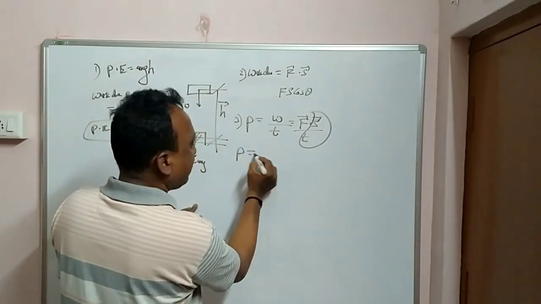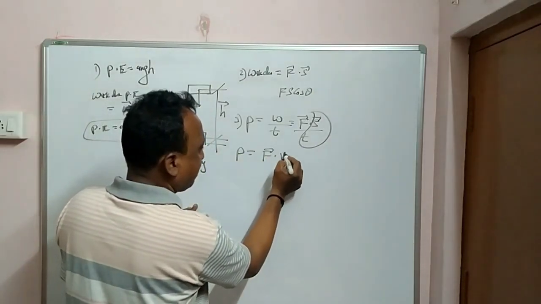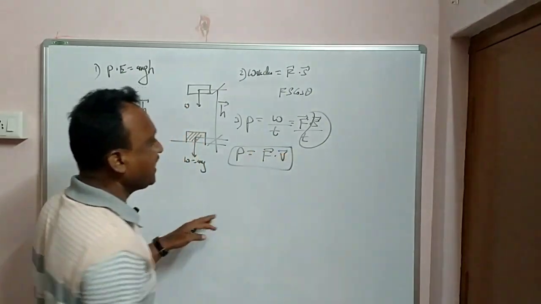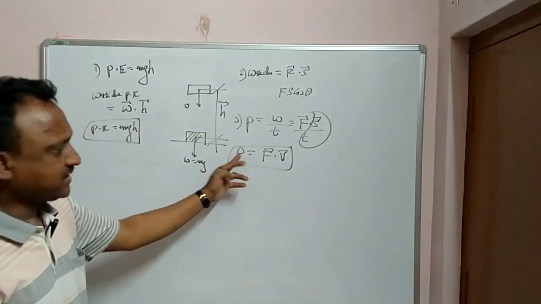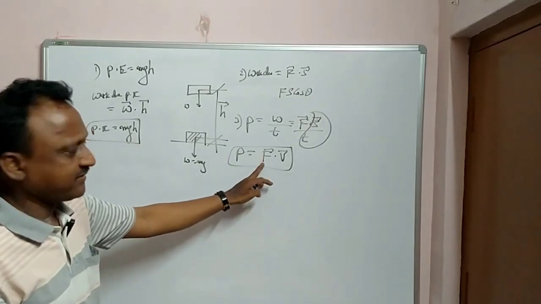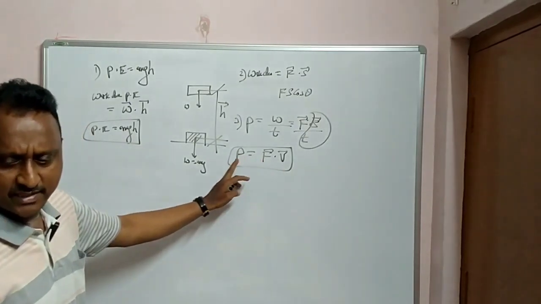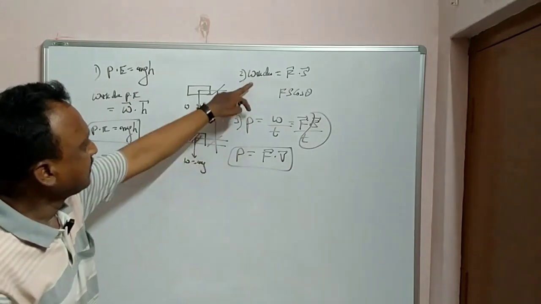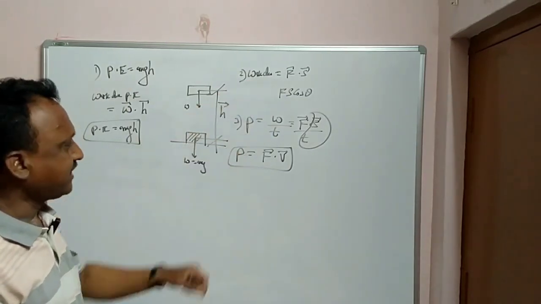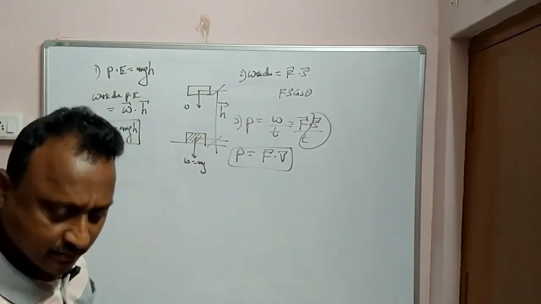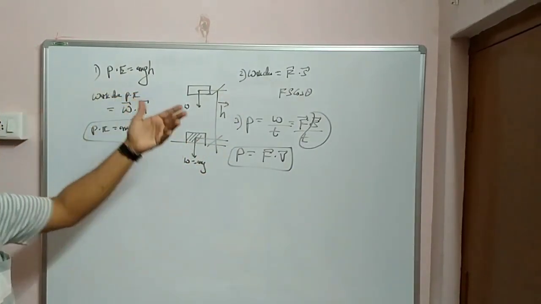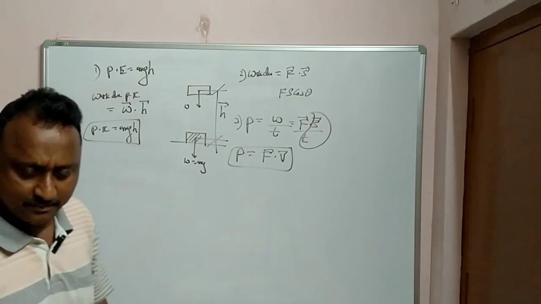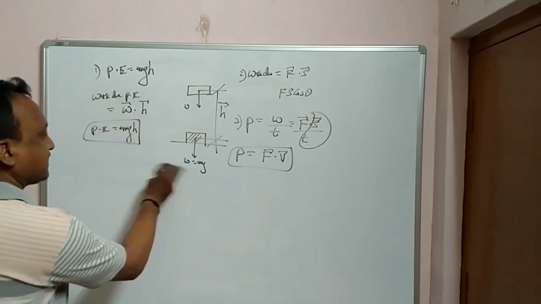Therefore, power you can write as F dot V. Another important formula. So the dot product of force and velocity is power. Force is a vector, velocity is a vector, and their dot product is power. In the same way, work done. So like this, you can apply the dot product of two vectors. These are the main applications.